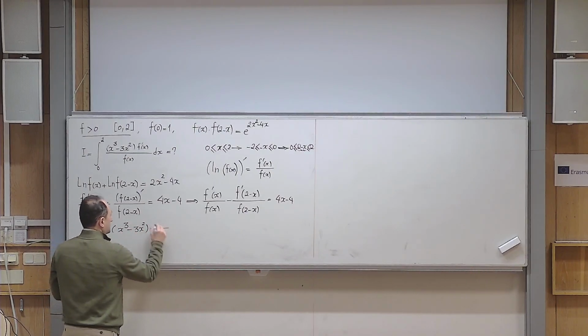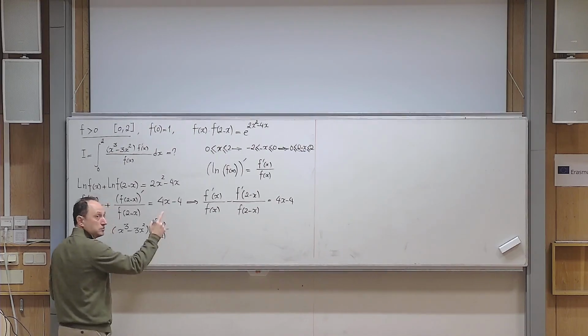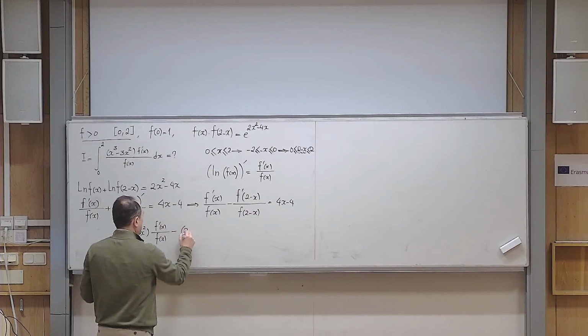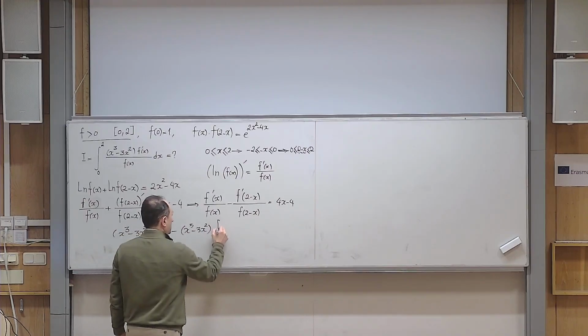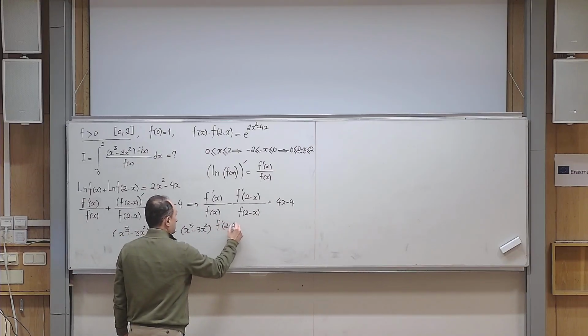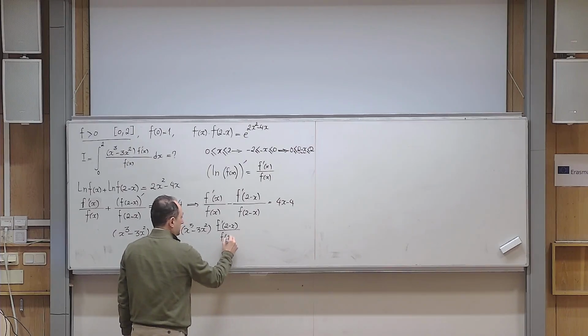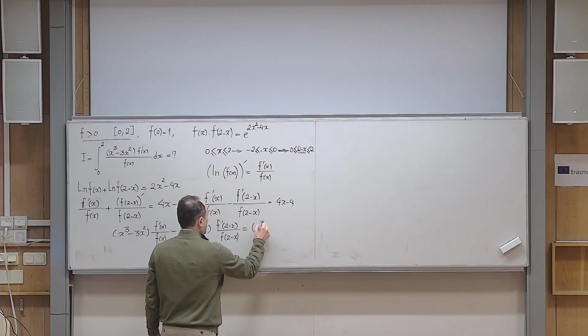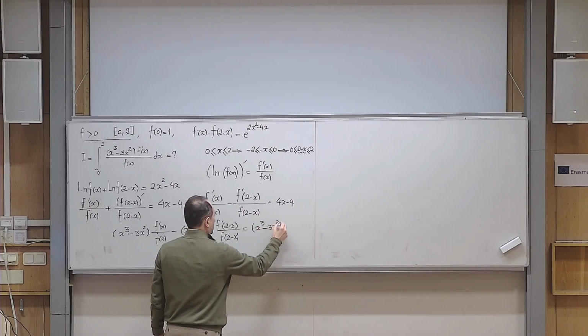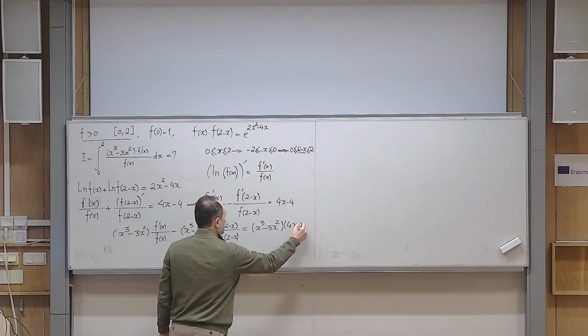I multiply it by f prime of x over f of x. I also multiply this one, x to the power of 3 minus 3x squared, then by f prime of 2 minus x divided by f of 2 minus x. And then on the right side, I should also multiply by x to the power of 3 minus 3x squared, multiplied by 4x minus 4.